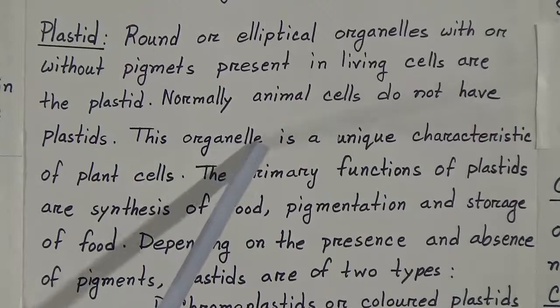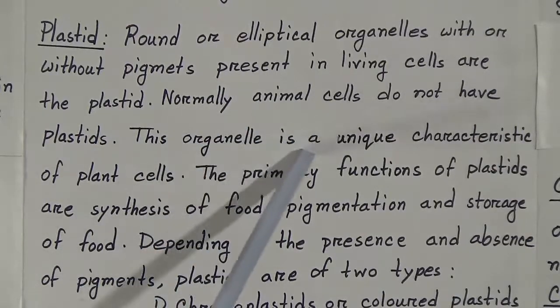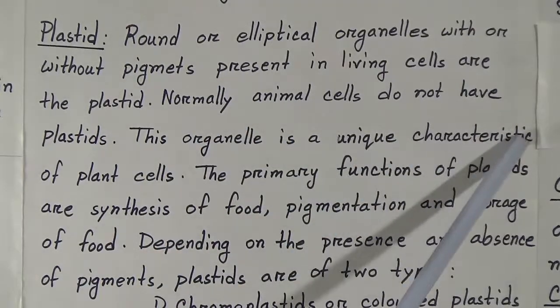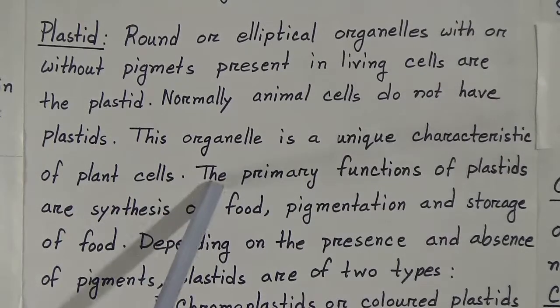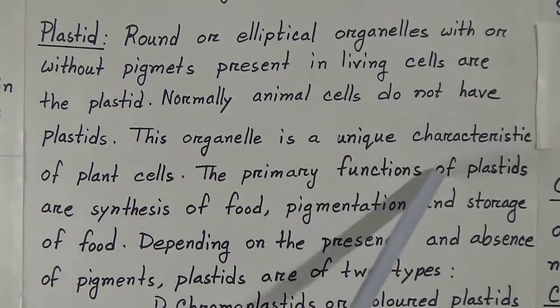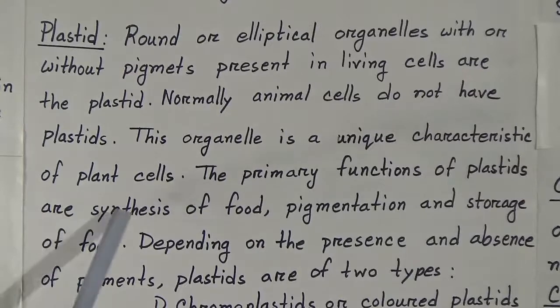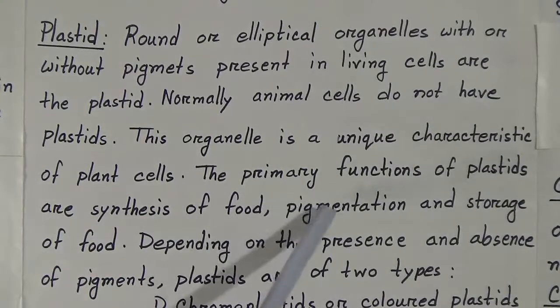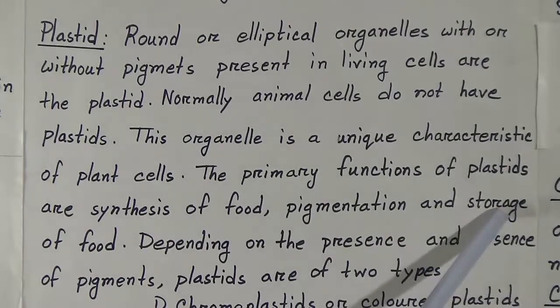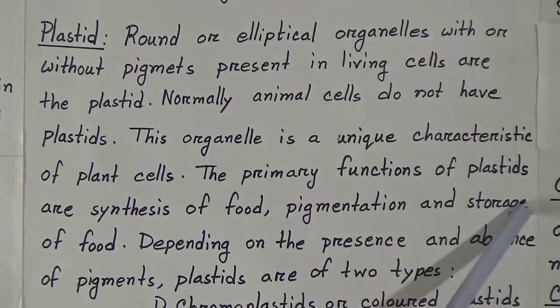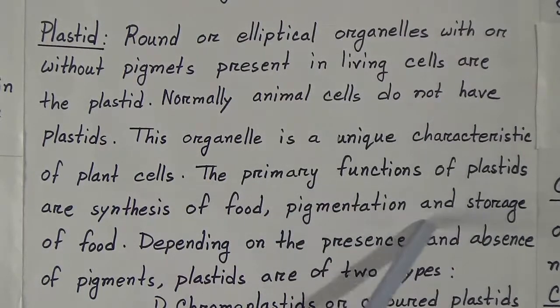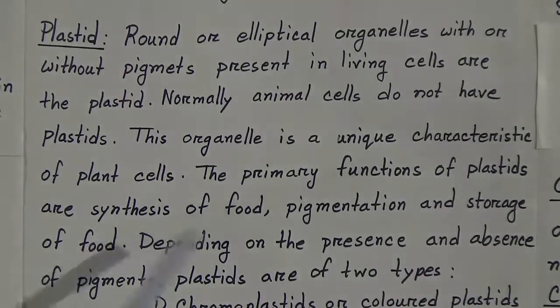These organelle is unique characteristics of plant cell. The primary functions of plastids are synthesis of food, pigmentation and storage of food.